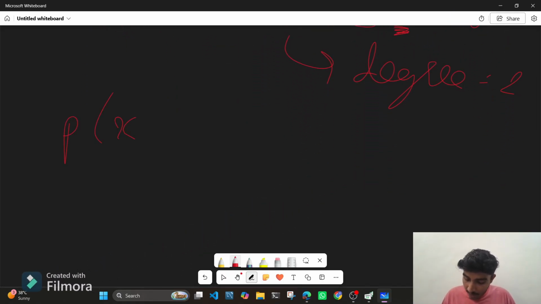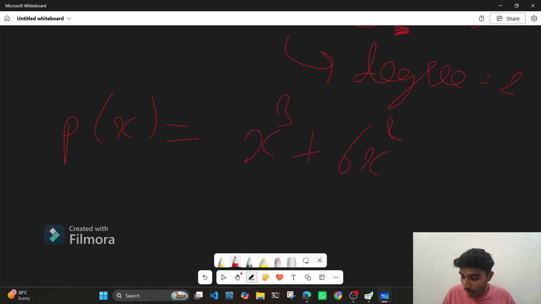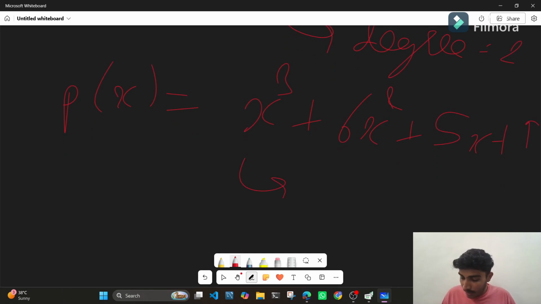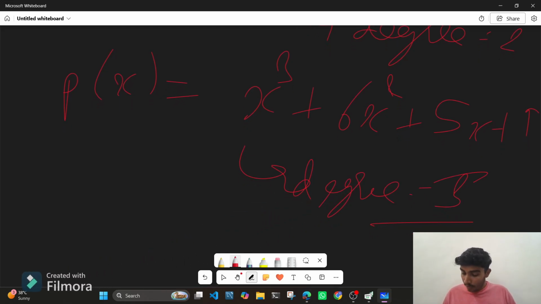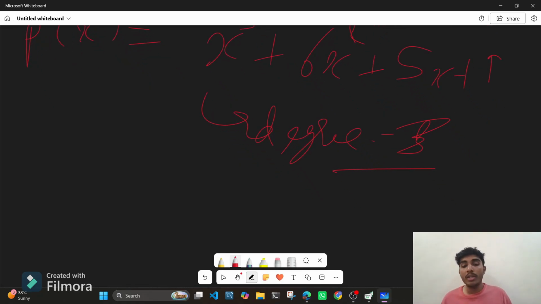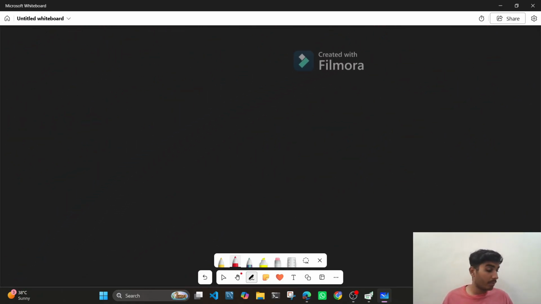If I had written p of x is equal to x cube plus 6x square plus 5x plus 9, then our degree would have become 3, because the highest power of x is 3. So this is how we represent a polynomial, that is using p of x.